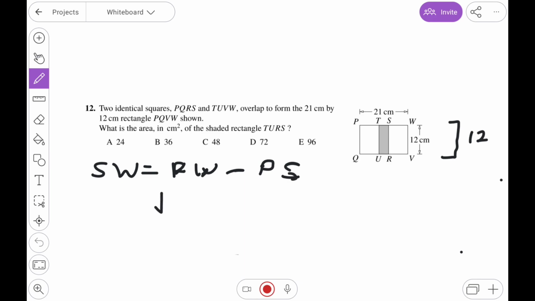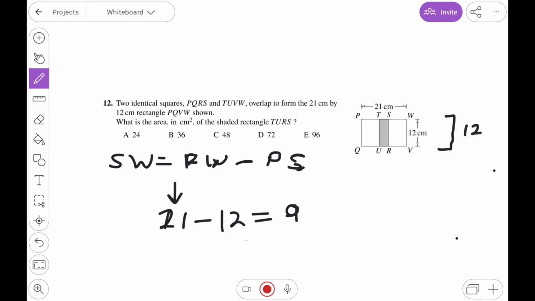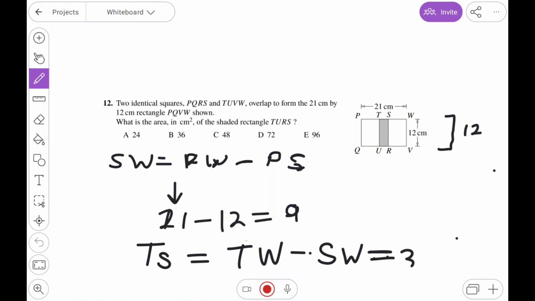So that becomes 21 minus 12, which is 9. So TS is TW, which is 12, minus SW, which we know is 9, is 3.